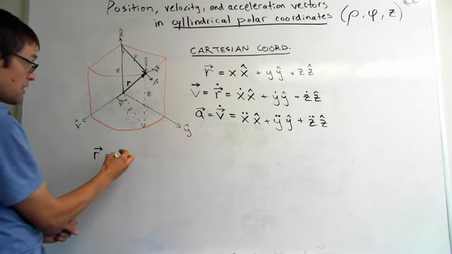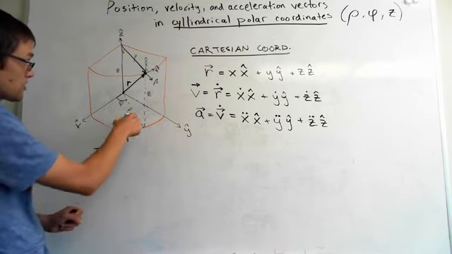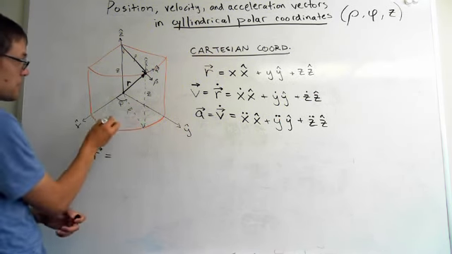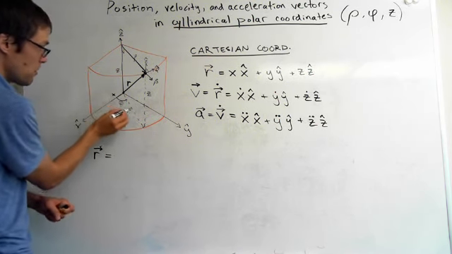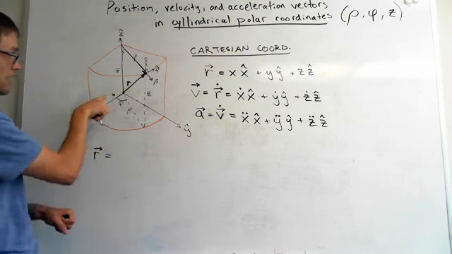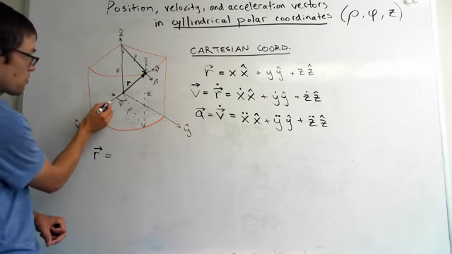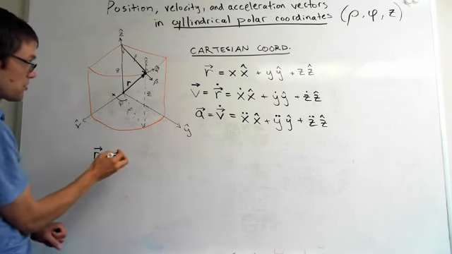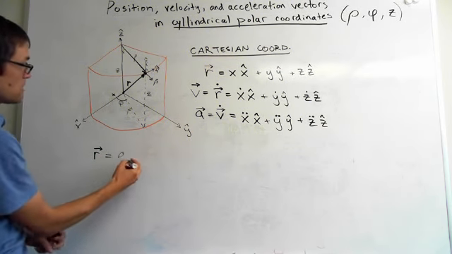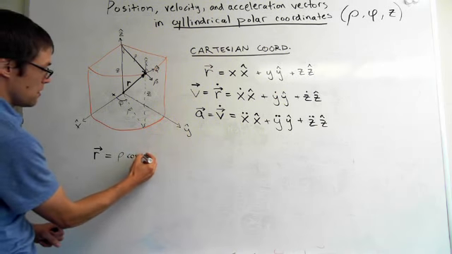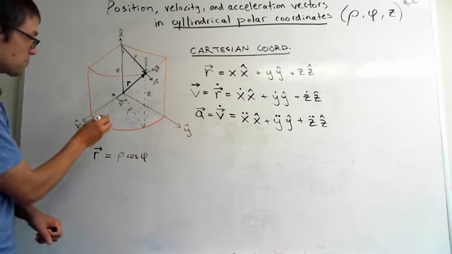Okay, so now as you can see, you can relate the x-coordinate in Cartesian coordinates to rho and phi. So the x-coordinate of the location of this particle in Cartesian coordinates is equal to rho cosine phi, right?